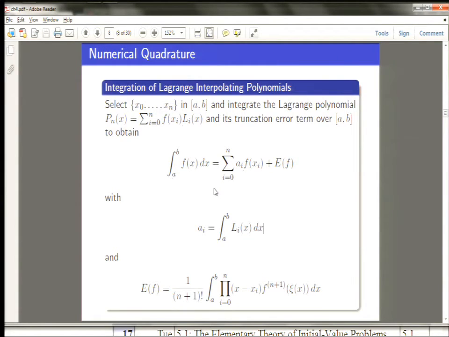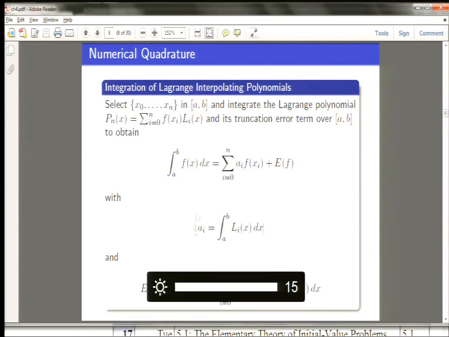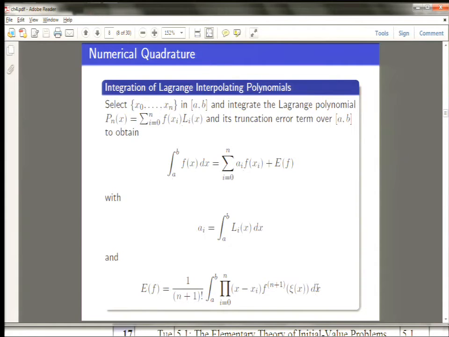So let's look at that. It's going to be something like the following. This E, and in the slides we have this general expression. E of f is equal to this big thing. And we'll see how we can simplify that out. Let me just write it out for this case. So n is equal to 1. We just have a simple straight line here. It's going to be an integral like before.